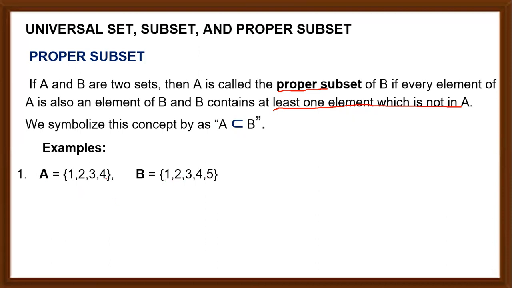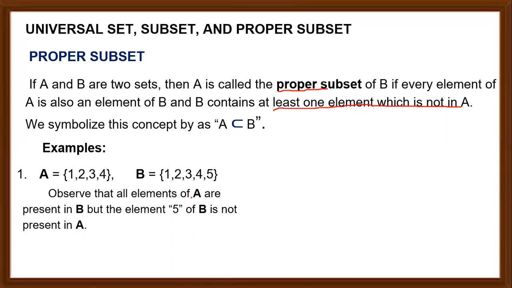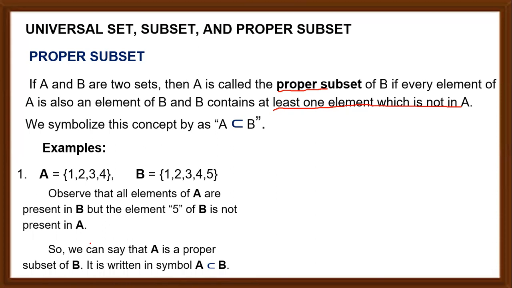If you're going to observe that all elements of A are present in set B, but pag tinignan mo naman si set B, meron siyang element, yun yung 5, na hindi makikita doon sa A. Kapag meron tayong at least one, ibig sabihin ng at least merong isa, dalawa, or mahigit pa, automatic, ang sagot po natin doon ay we can say that A is a proper subset of B. It is written in symbol A is a proper subset of B. Bakit?